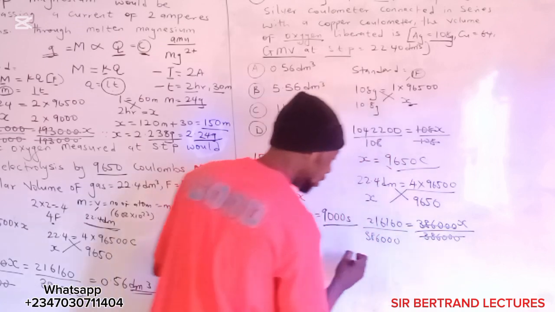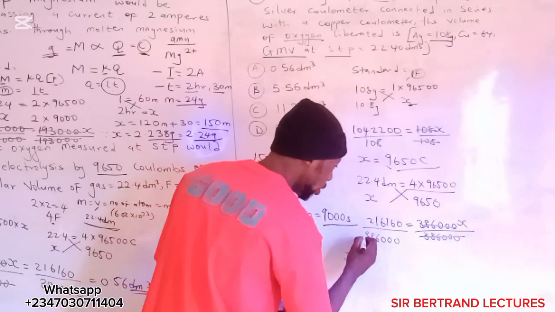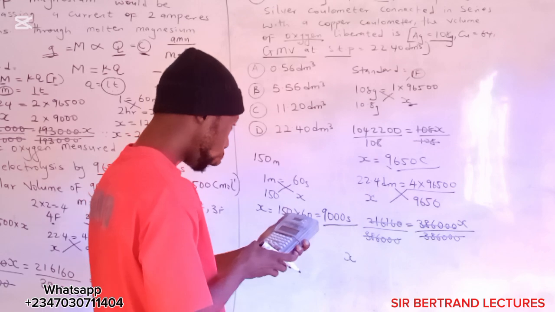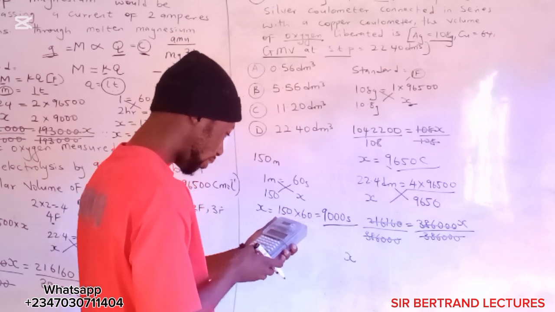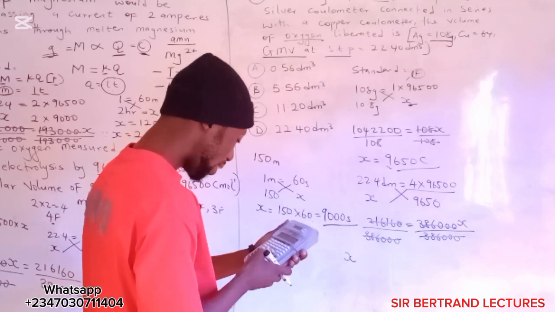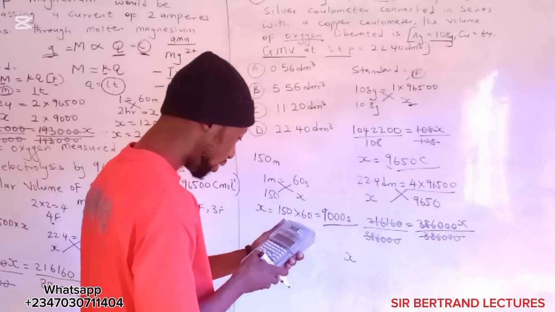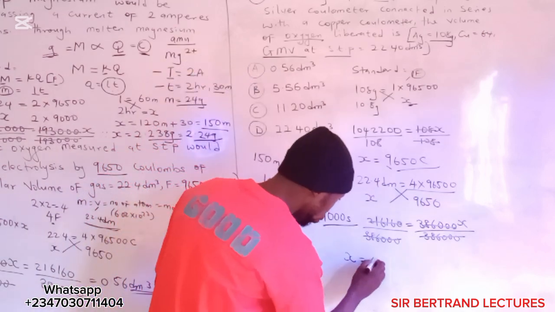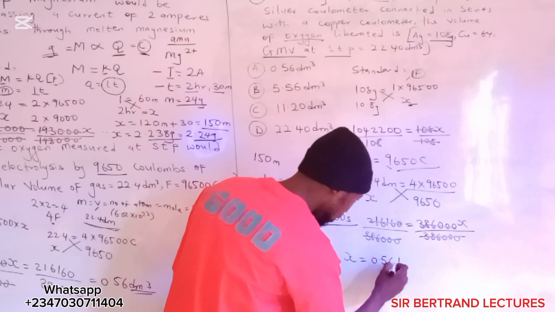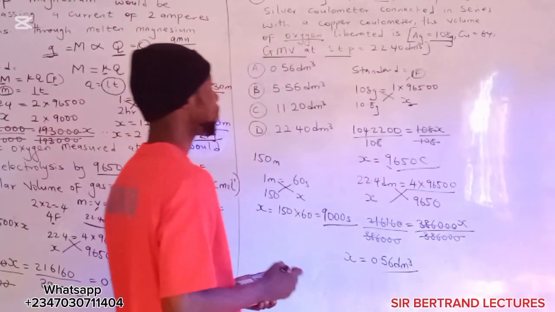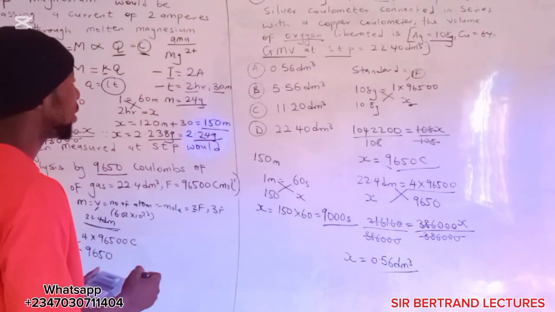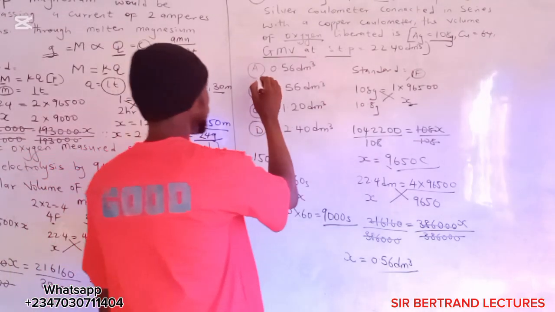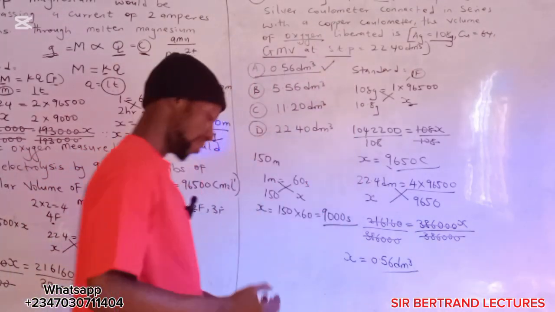This cancels this. X is equal to 216,160 divided by 386,000, that will give us 0.56 dm cube. We have that in the options, 0.56 dm cube. That is option A is the answer.